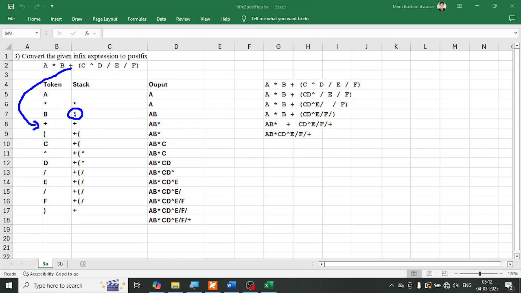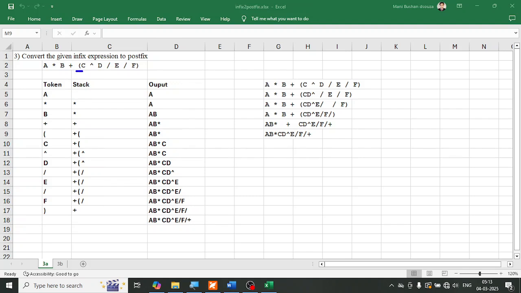Star has the highest precedence as compared to the plus. So pop this star out first. When you pop this star out, the stack becomes empty, and then push the plus into the stack.